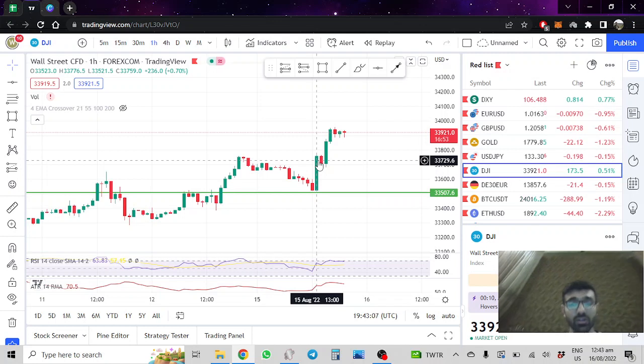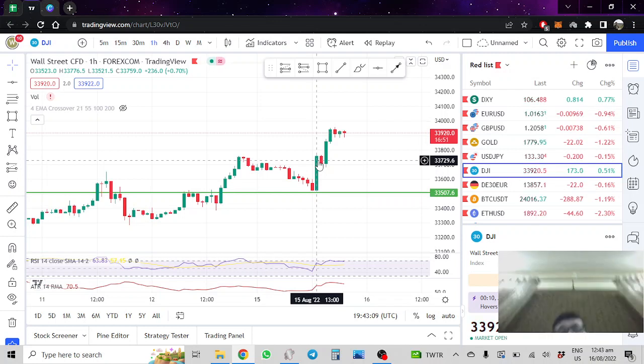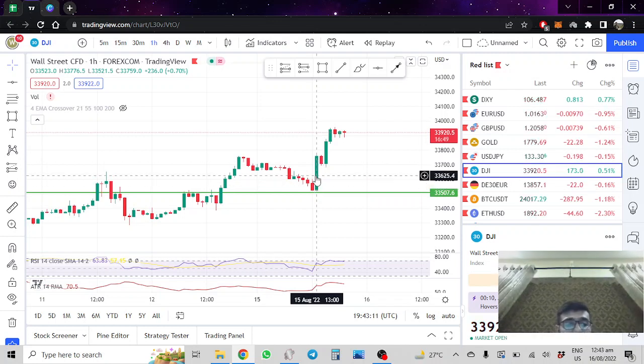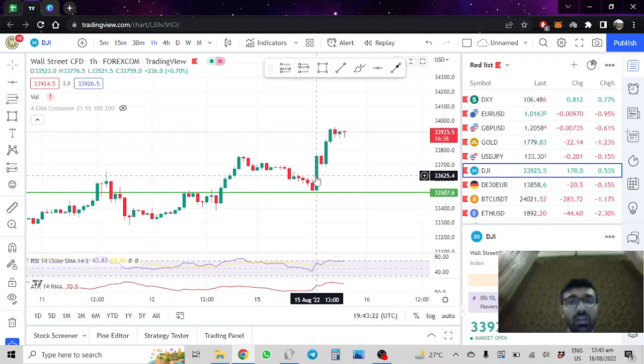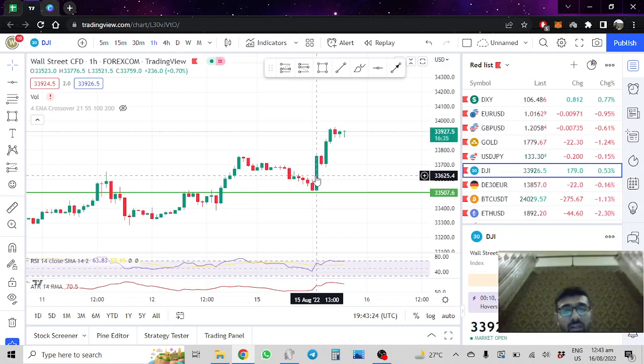Another important lesson over here is that you see this candle is a huge candle. It has covered a 236 points move, and as per the ATR, it has an average of only 70 points moving.